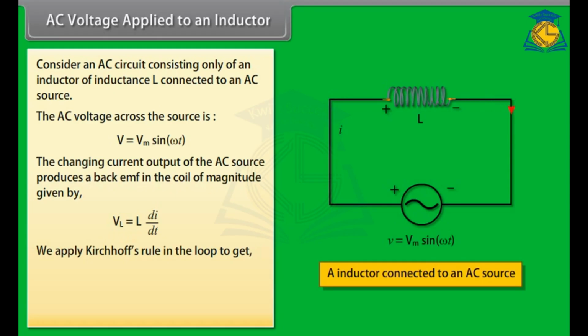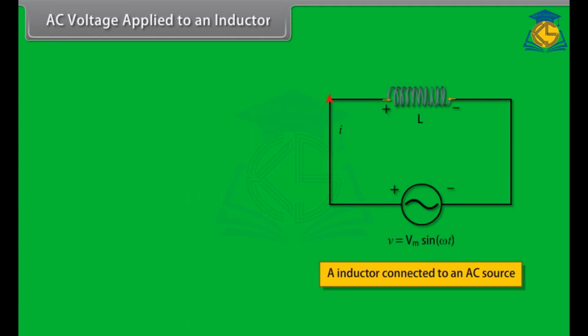We apply Kirchhoff's rule in the loop to get V minus VL is equal to 0. Now, put the values in the above equation. di by dt is equal to Vm upon L multiplied by sin omega t.